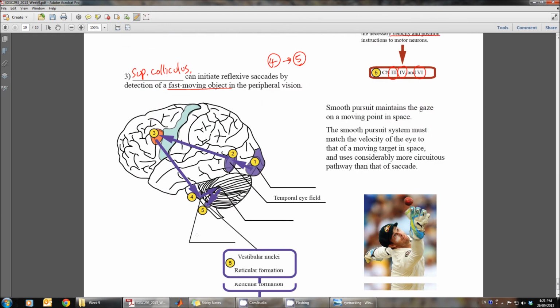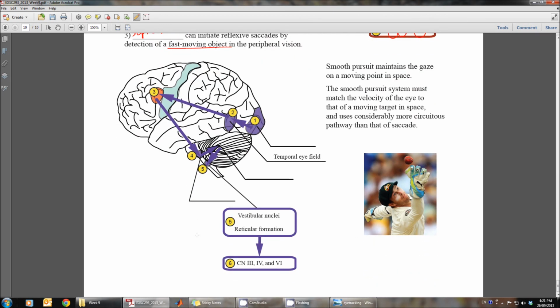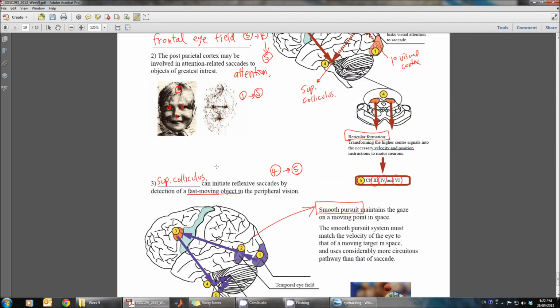The last type of gaze directing mechanism is related to smooth pursuit control of eye movement. So this diagram shows the smooth pursuit eye movement, and it has complex steps, so I don't really recommend memorizing all the steps behind it, but just recognize it's more complicated than the saccades.